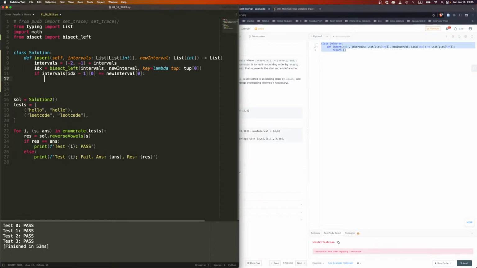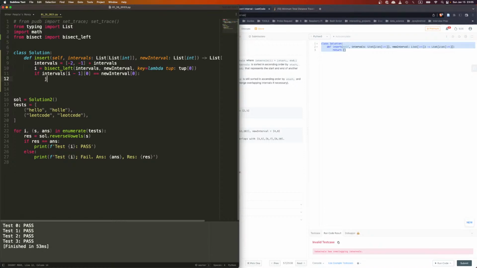So the two are overlapping. If that's the case, then from this index -1 towards the end, it might be changed. Let's call it I. So they're the same.